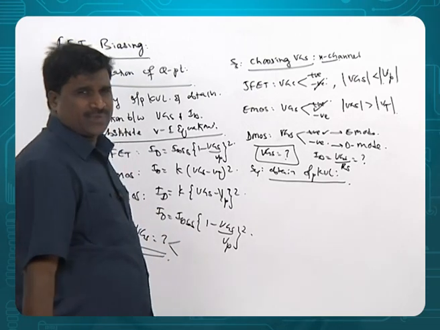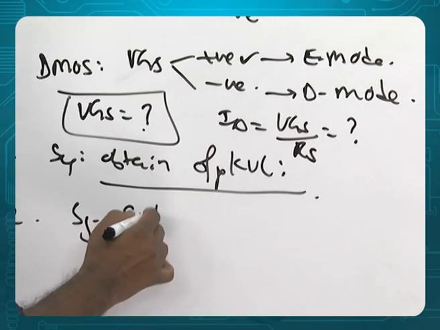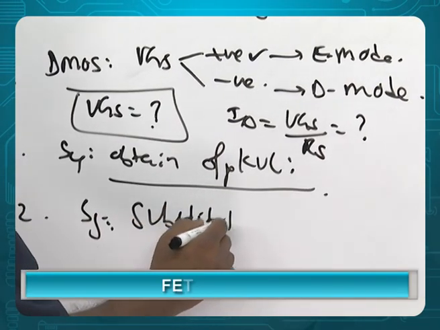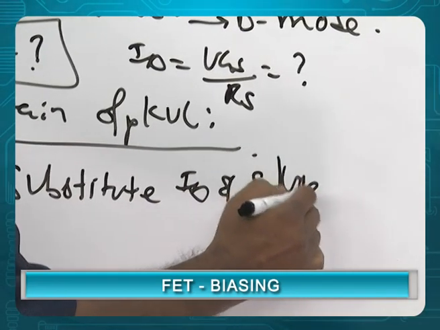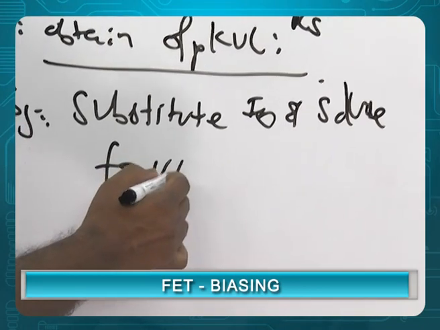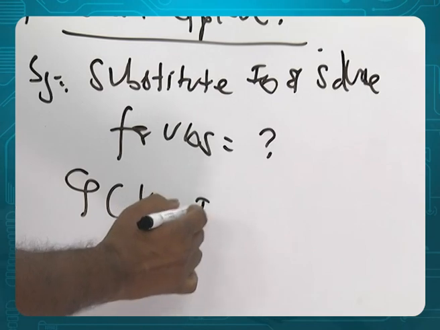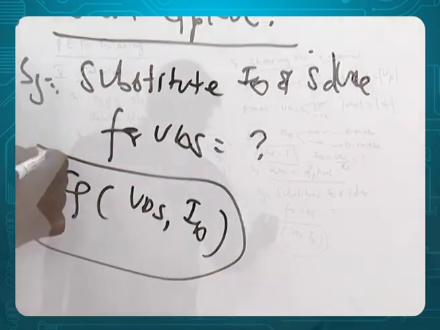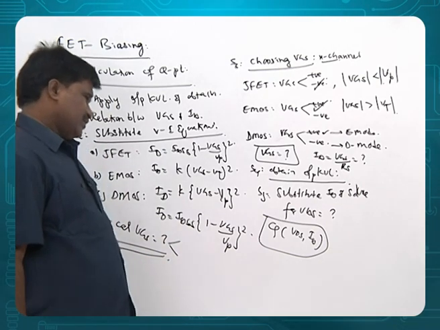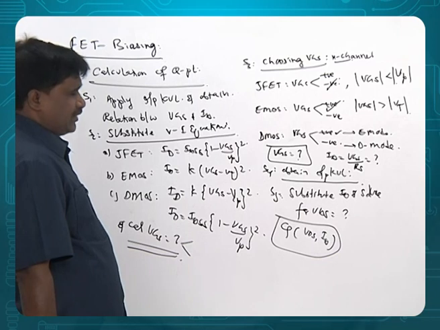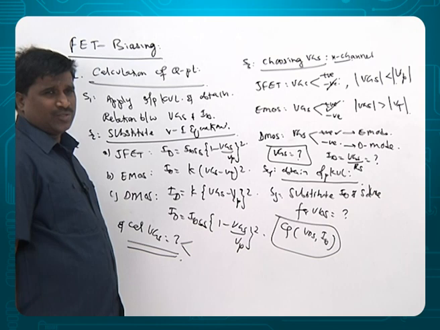Substitute ID and solve for VDS. Therefore, Q point is VDS comma ID. This is how we are going to obtain VDS and ID. That's calculating the Q point.